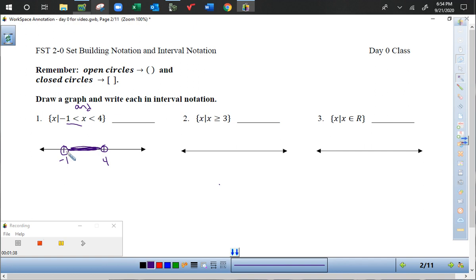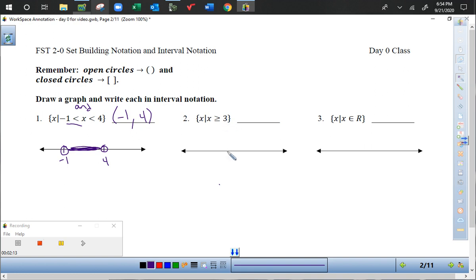So we decided this -1 was not included and this 4 was not included, but we want all the numbers in between. In general, interval notation will always go low number, comma, high number. So our low number on our solutions is -1. Our high number is 4, and parentheses go with our open circle to say we don't want to actually include them.